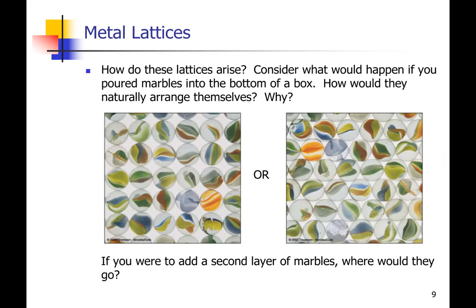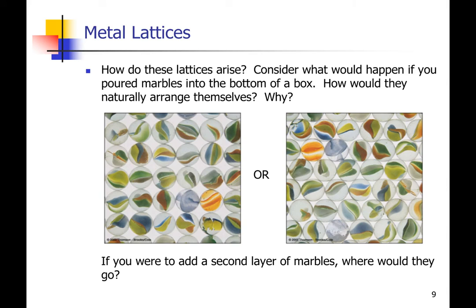So how do unit cells come about? Well, we have to look at how the atoms are going to arrange themselves within a material. And I think the easiest analogy is to imagine pouring a bunch of marbles into a box, and they spread out all across the bottom so that they're all touching.